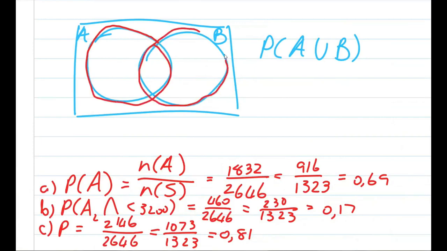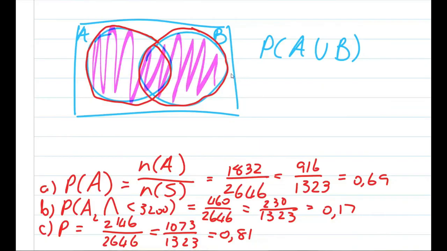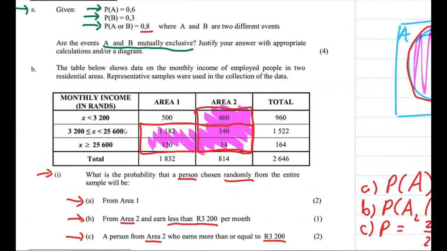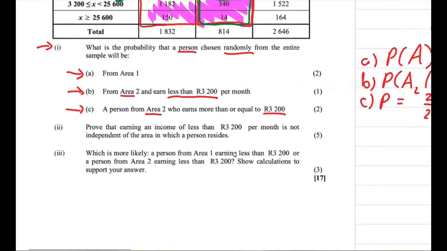You see how they intersect, but I want all of this, right? So it's the same thing here. You've got event A, which is your area. You've got event B, which is your greater than or equal to 3,200. You see how they intersect here, but I want everything in there. Does that make sense? Yes, sir. All right, cool.